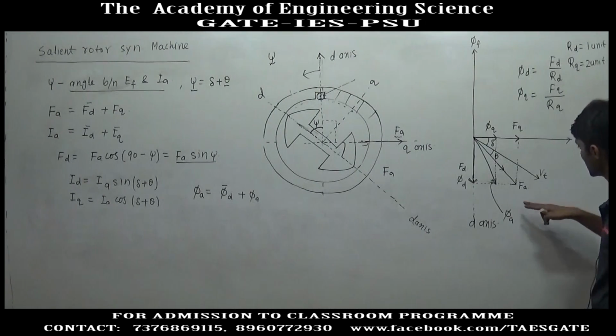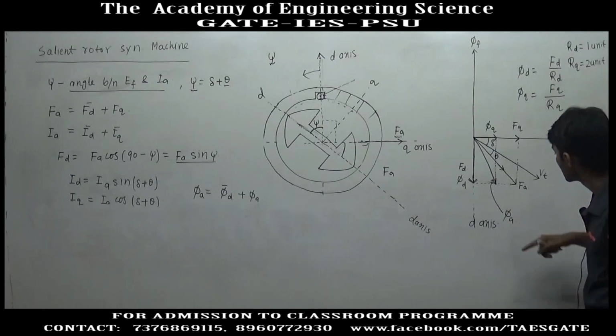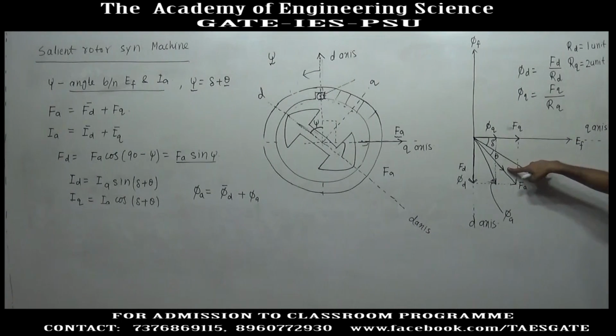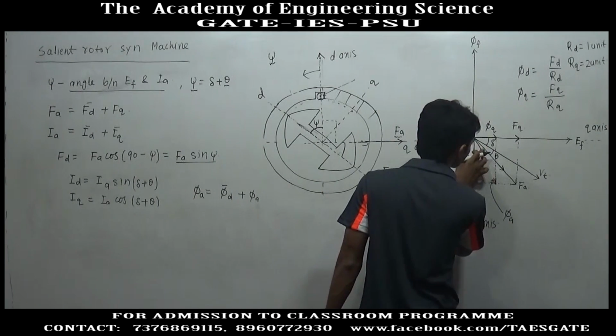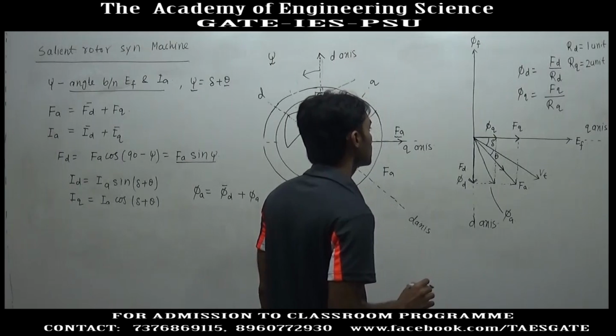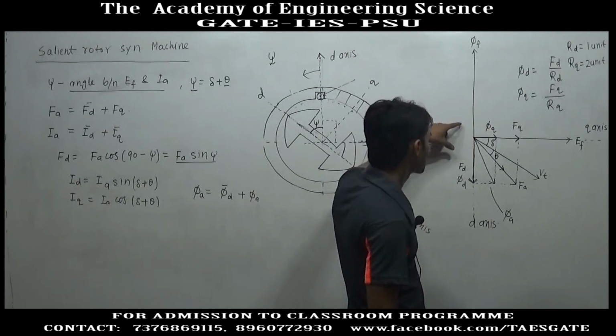Please observe that the direction of resultant armature flux and direction of resultant armature MMF is not the same, because reluctance along the two axes is not the same.